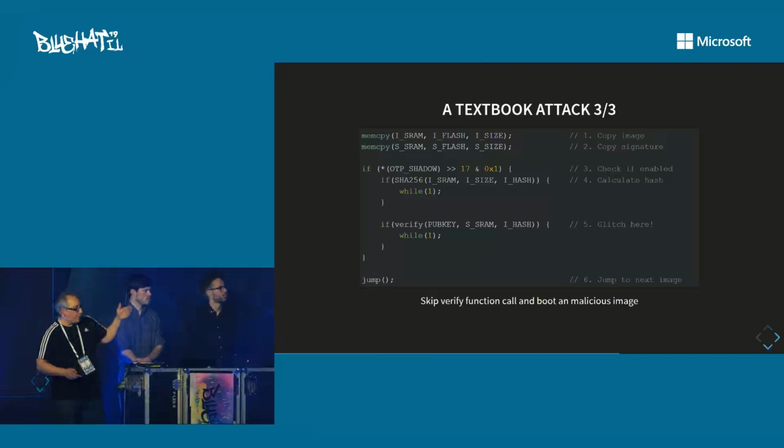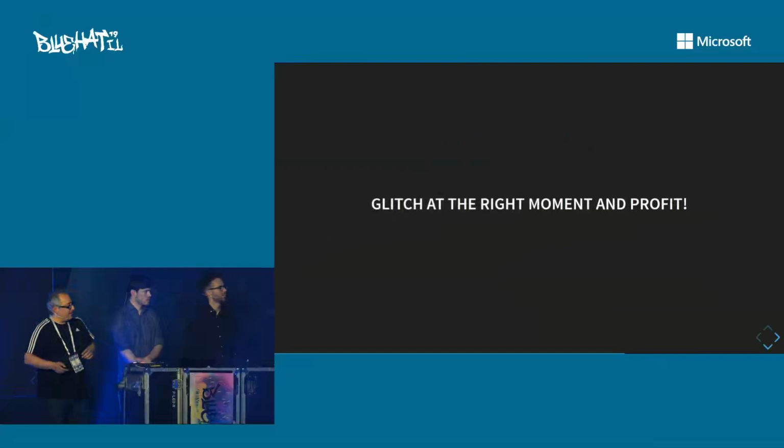So if you're able to skip that function call, then you will just jump and execute the malicious image. This might be, for example, a way of bypassing also the PSP secure boot by targeting either the HMAC comparison, where there is likely an if, or the comparison of the hash stored in a signature, depending on the RSA. So again, props to the guys from CTS Labs. So the point is: glitch at the right moment and profit.